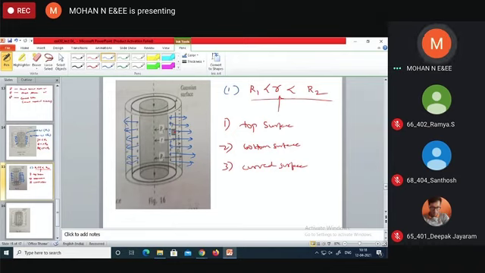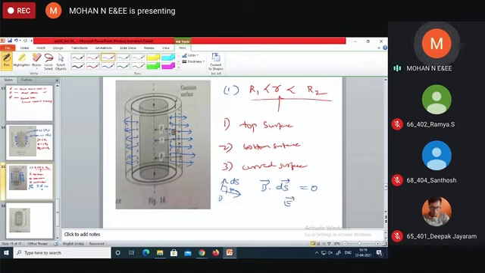And here the flux lines will not be crossing through the top and bottom surfaces. Why? Because the angle between the D vector and the S vector becomes 90 degrees. So the dot product of the D component and the area component will be equal to 0.